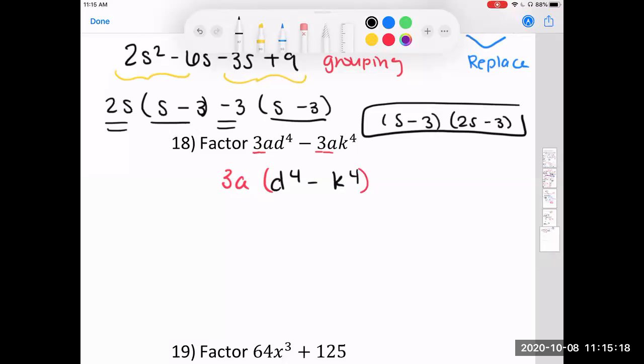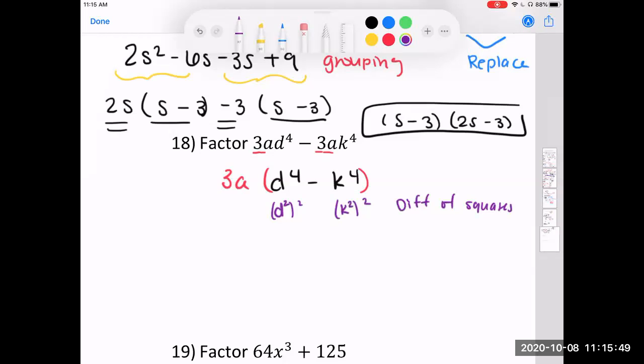Now when we have a minus and my two numbers are squares, numbers I can raise to the 2nd power, then I have a difference of squares. So I want to think, d to what power squared gives me d to the 4th power? We essentially divide by 2. 4 divided by 2 is d squared.